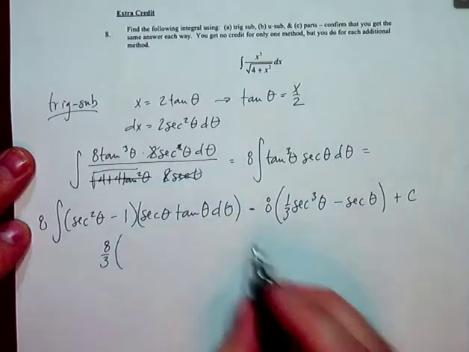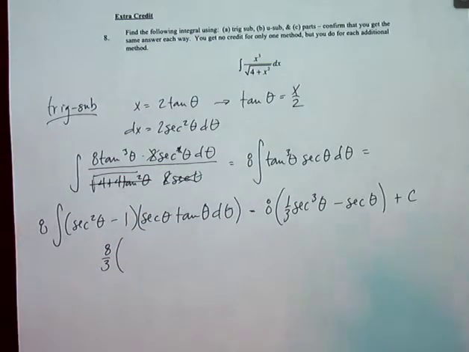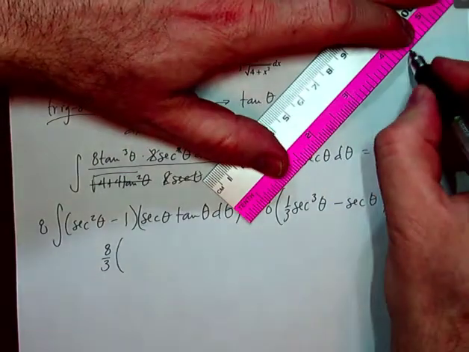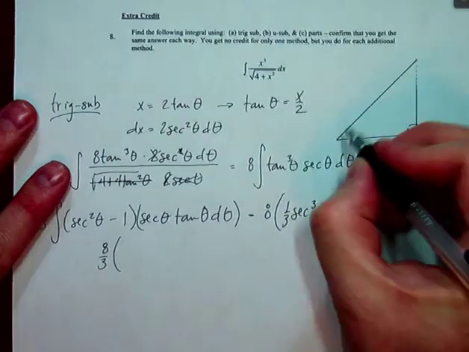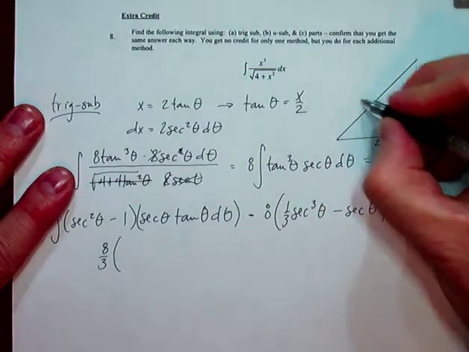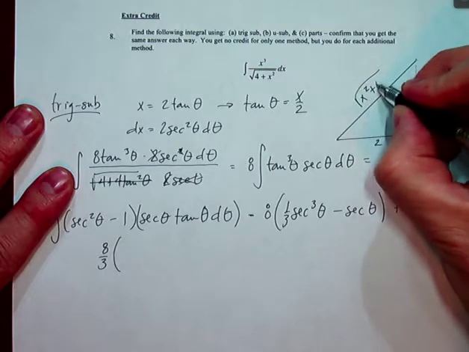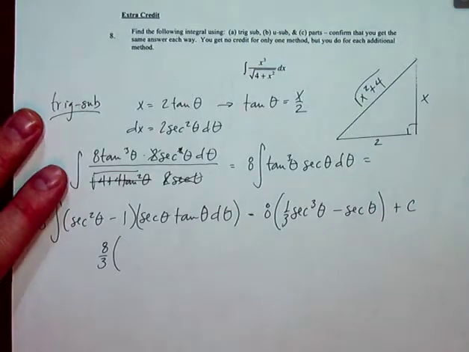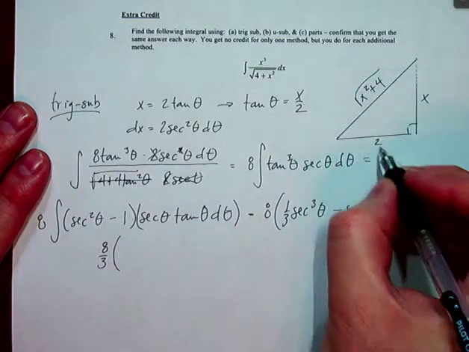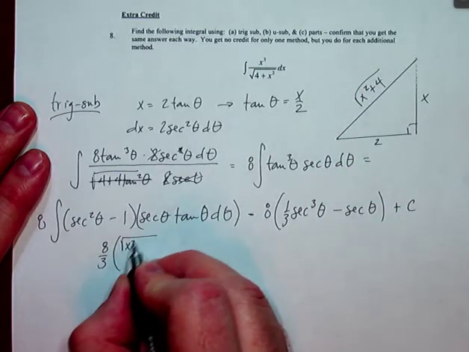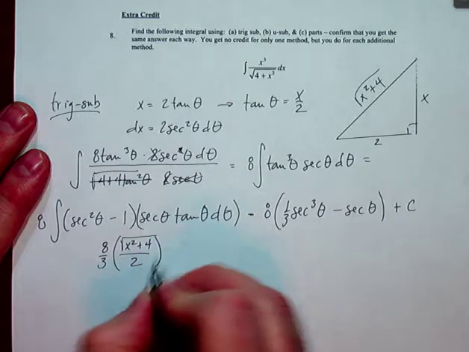And when you do the triangle, the triangle is x over 2. This is the square root of 4 plus x squared, or x squared plus 4, doesn't really matter. Basically, you wind up with hypotenuse over adjacent. You wind up with the square root of x squared plus 4 over 2, cubed.